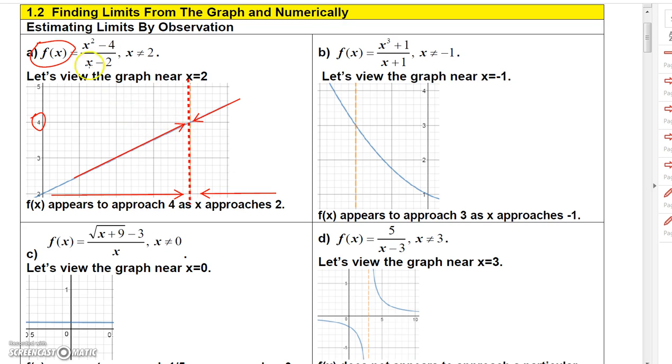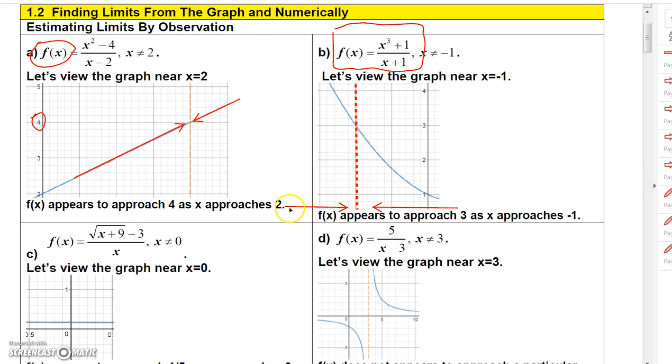That's what we wanted you to see. Even though the function's not defined at 2, it appears that as x approaches 2, the function does approach a particular number, 4. Now, let's take a look at this one. I want to look at this function, x cubed plus 1 over x plus 1, at x equal -1, because that's where the function's undefined. This vertical line represents x equal -1.